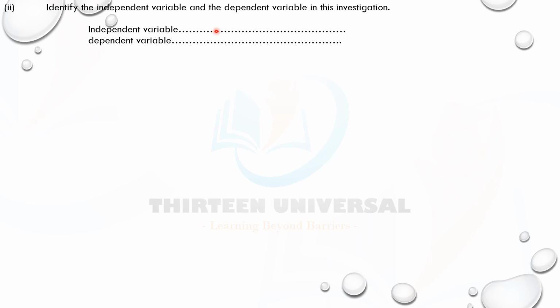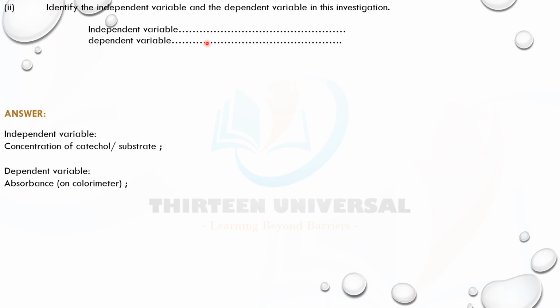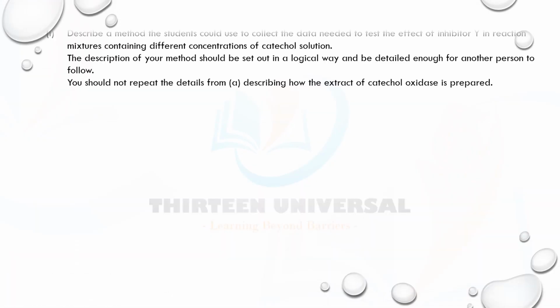But the dependent variable is what you are measuring, the enzyme catalyzed reaction. But how are you measuring it? You're measuring the absorbance. So absorbance is the dependent variable, and the concentration of catechol is the substrate. All right, let's go. 2 marks.